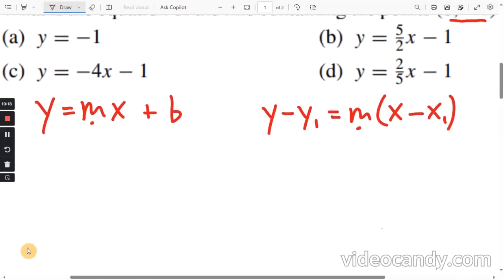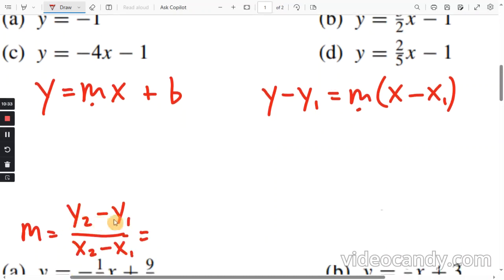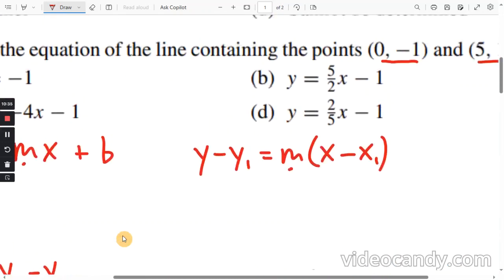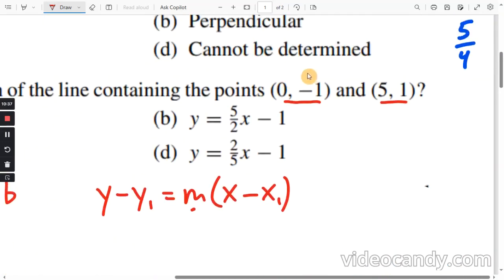Let's say the slope m, we said it before, is change in y over change in x. So you need to subtract in the same order. Going to the points here, you can go either way, so choose the easier way. I'm going to go this way: 1 minus -1.